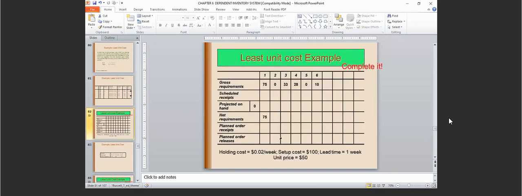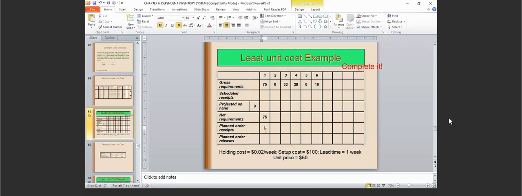So we decide to have a plan order receipt quantity of 75, 0, and 0. Next, in period 3, we have a net requirement of 33. So what is the plan order receipt here?